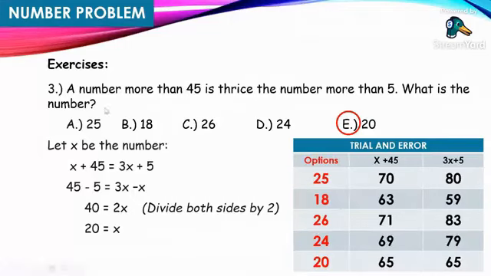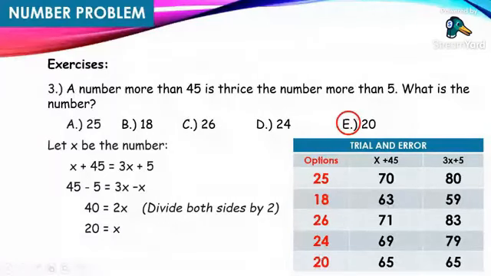Option B is 18. So 18 plus 45 is 63. Then 18 times 3 is 54. 54 plus 5 is 59. So equal po ba sila? Hindi.